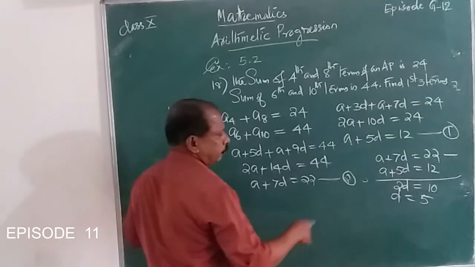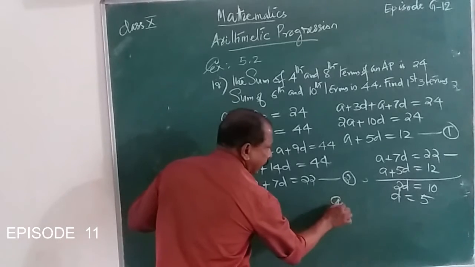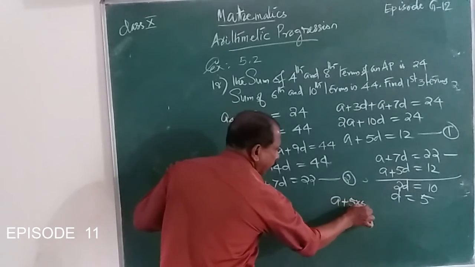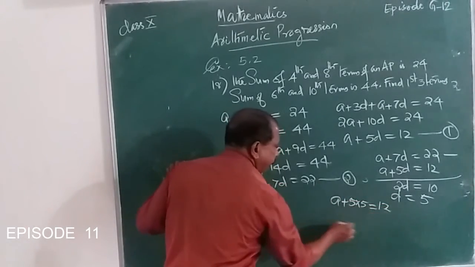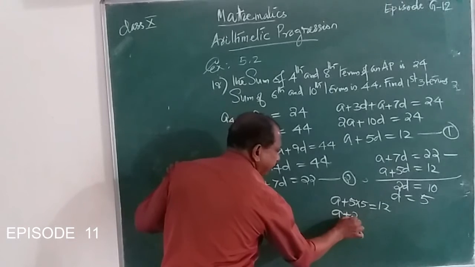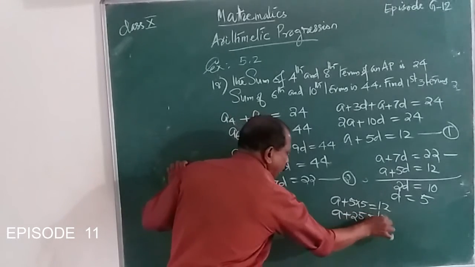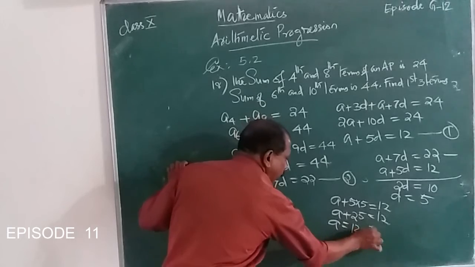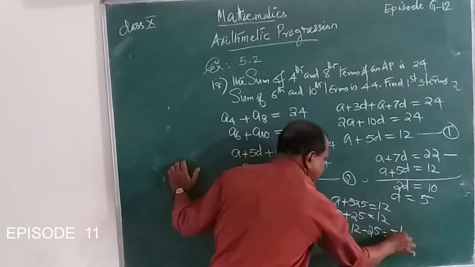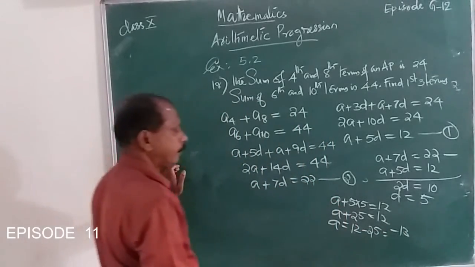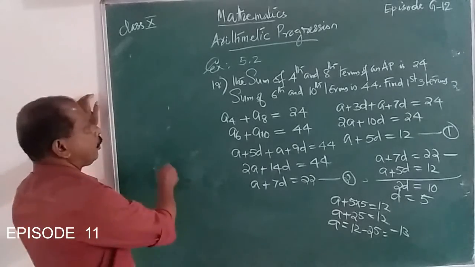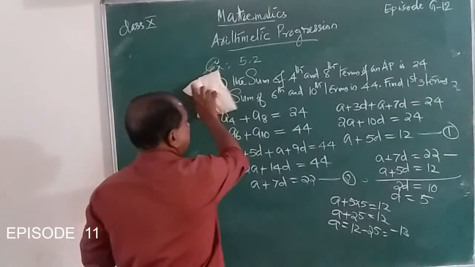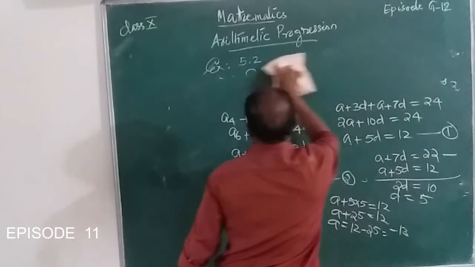Therefore, D is equal to 5. Substituting, A plus 5 into 5 is equal to 12. That is A plus 25 is equal to 12. Therefore, A is equal to 12 minus 25, equal to minus 13. Clear?